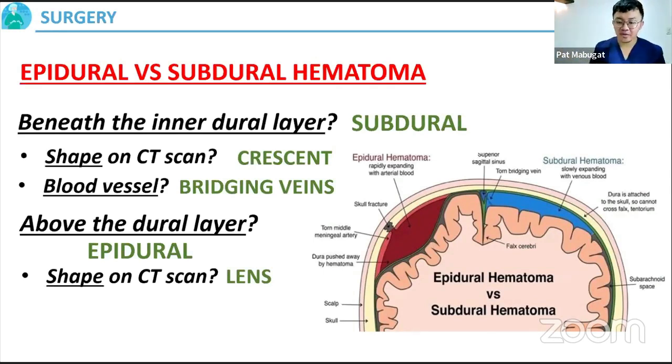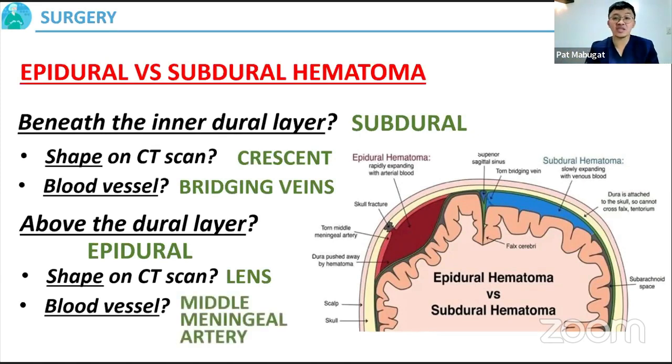Now, what's the blood vessel involved? Remember that the blood vessel that can overcome the pressure of a dura sticking to bone, the blood vessel that can push the dura downward, needs high pressure. So it's actually an artery, and one of the more common arteries is the middle meningeal artery, right?